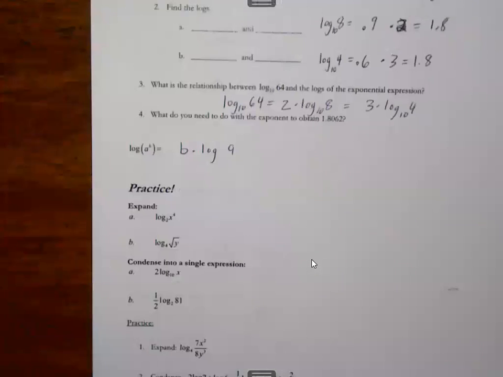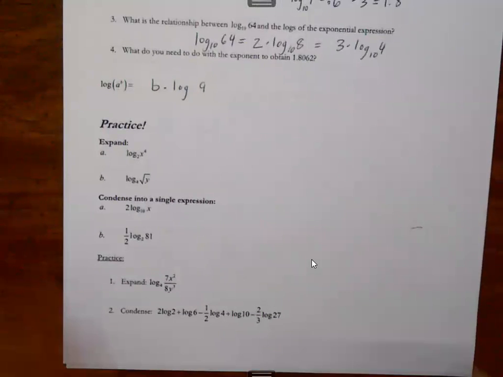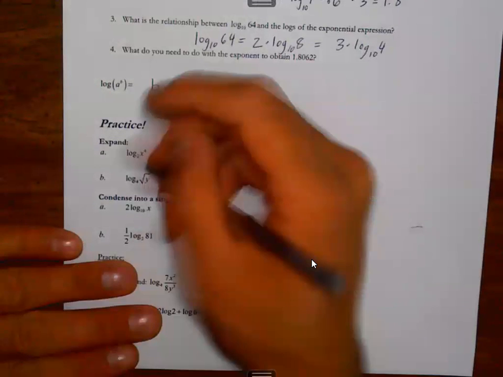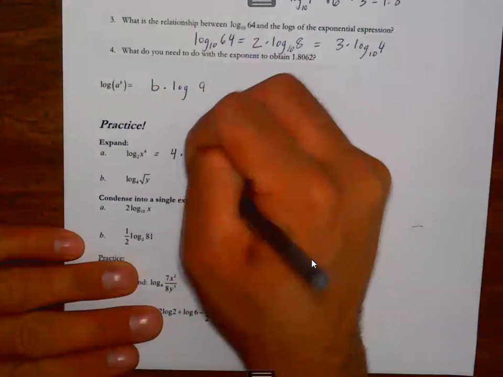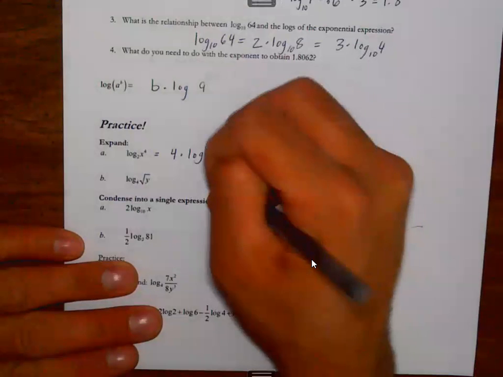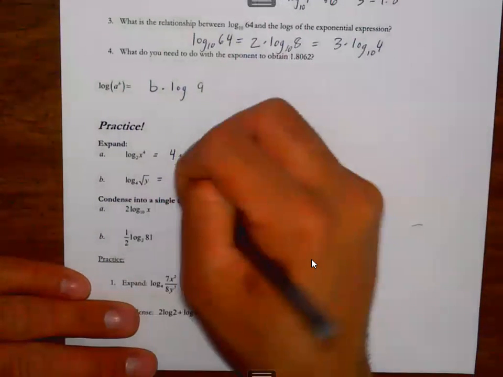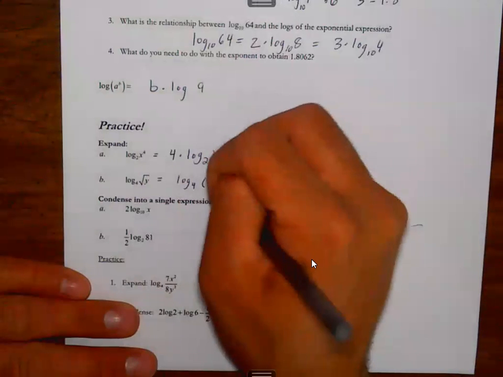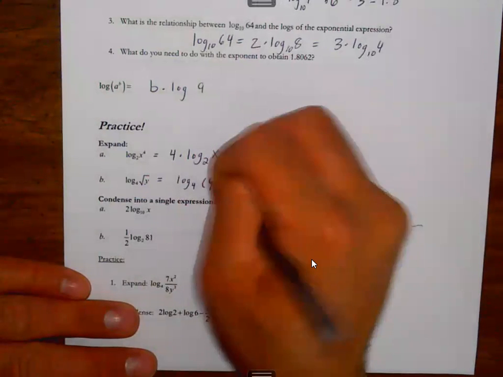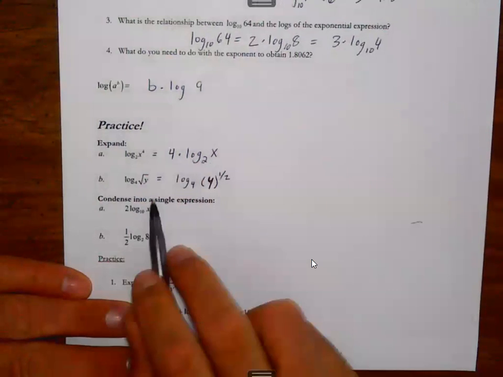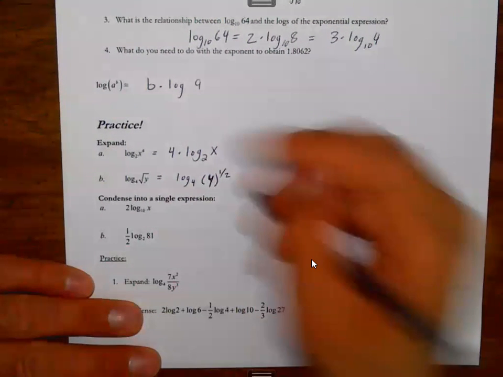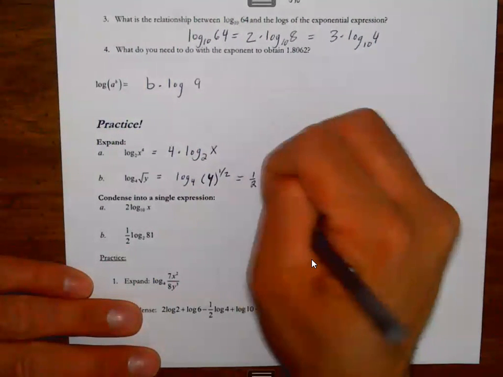So let's finish up with just this bottom part of the page, and then I'll tell you what you could do for next time. All right, so for a, you can bring that 4 out in front and make it the log of x base 2. Here you have a radical. Remember, a radical is the same thing as a 1/2 power. So you could treat that as an exponent and then bring the 1/2 out in front.